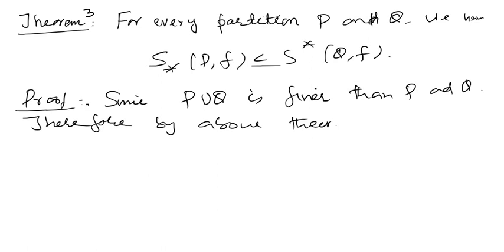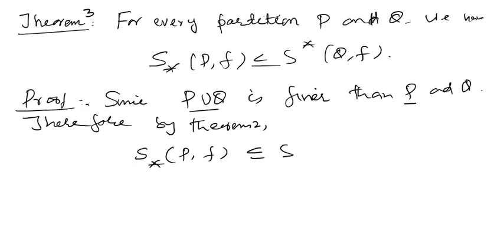By theorem 2, this is a refinement, this is finer than P, so the lower sum will increase. So this is less or equal to this, and the upper sum will decrease.